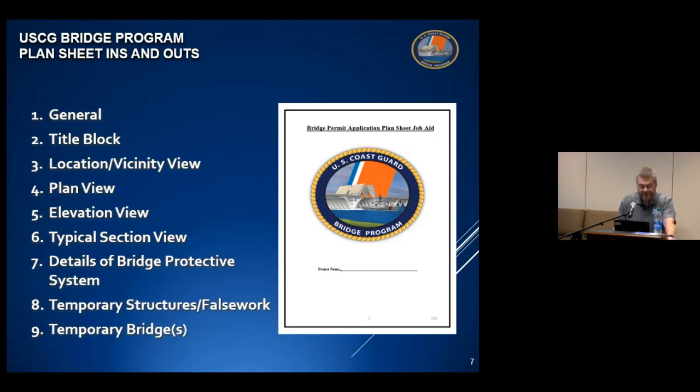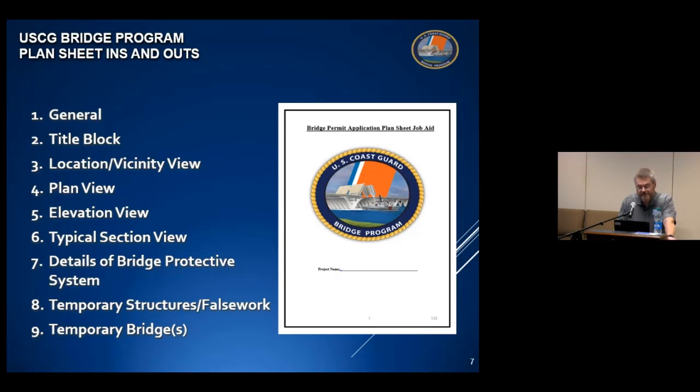They are, first, the general section, which discusses the general requirements of plan sheets, the title block section, a section that discusses the location and vicinity view, the plan view section, the elevation view section, the typical section view section, and then we've got a section for details of the bridge protective system, more commonly referred to as fenders.